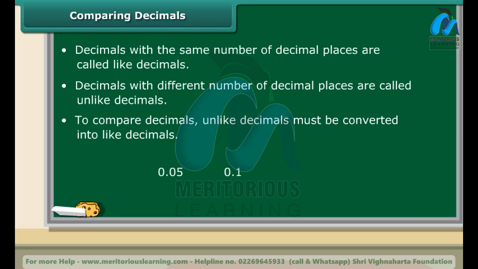We can write 0.1 as 0.10 because there are two decimal places in 0.05. Now it is easy to tell that 0.10 is greater as it represents 10 hundredths, whereas 0.05 represents 5 hundredths.